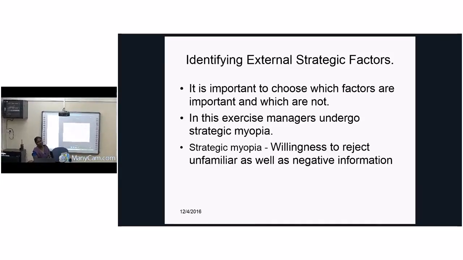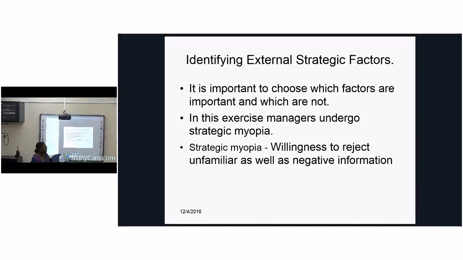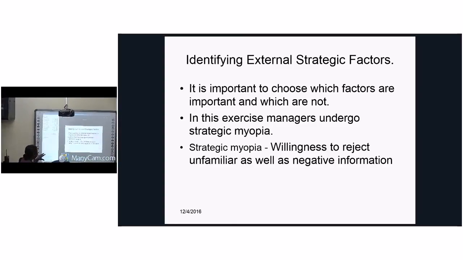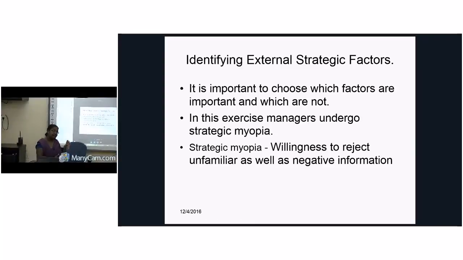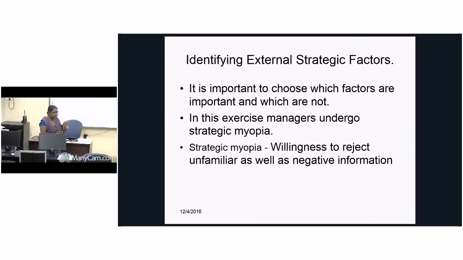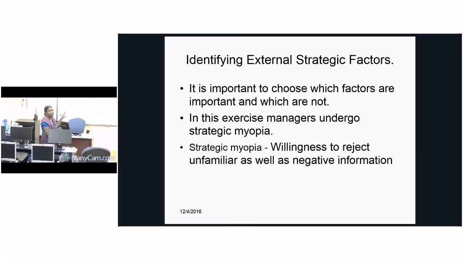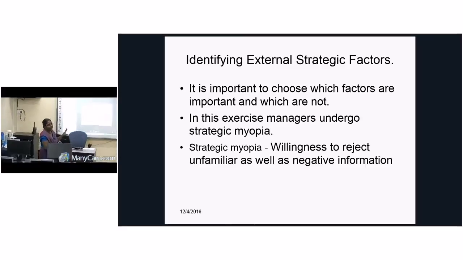As a strategic manager, you should avoid strategic myopia because you reject some unfamiliar and negative information. You should not do this, because negative information and unfamiliar things are also important, right?